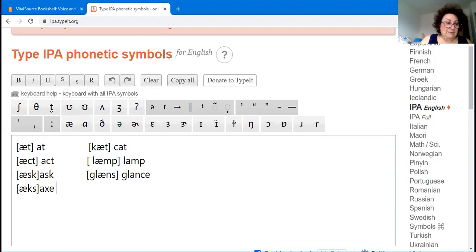And let's take another medial position. Can't. And again, we tend to nasalize it. Can't. I can't go. I can't go. And we'll do one more and it's I am. Oops, I forgot to put the bracket here.